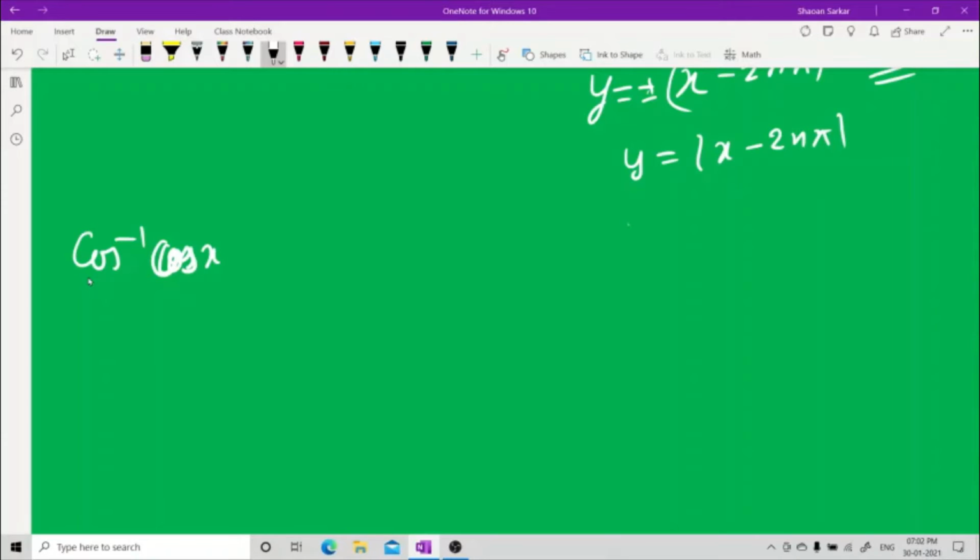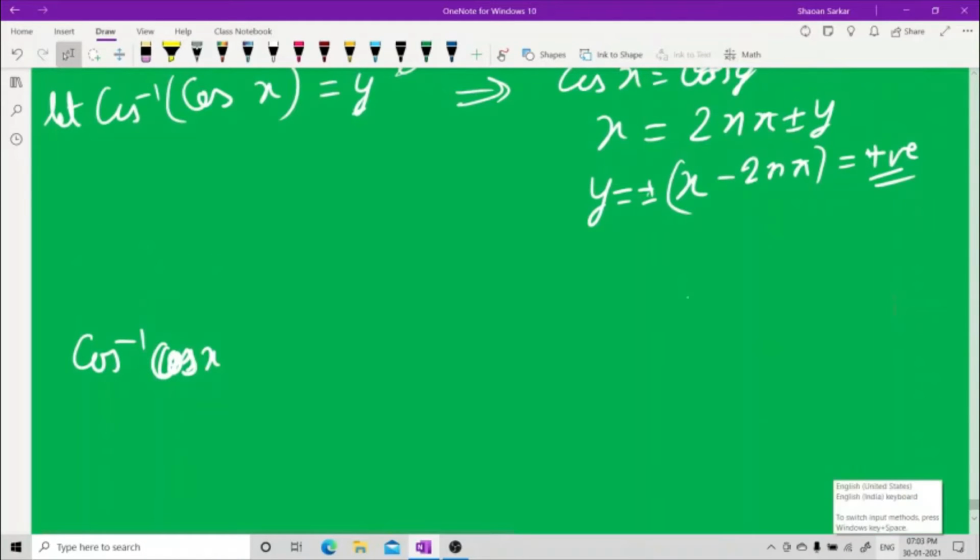This is a modulus value always. So you write this as x - 2nπ for x belonging to this interval around 2nπ. Wait a minute, let me rewrite it here for you.